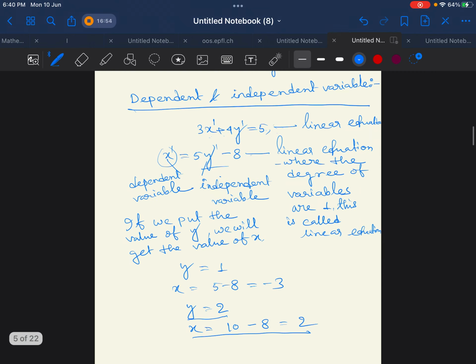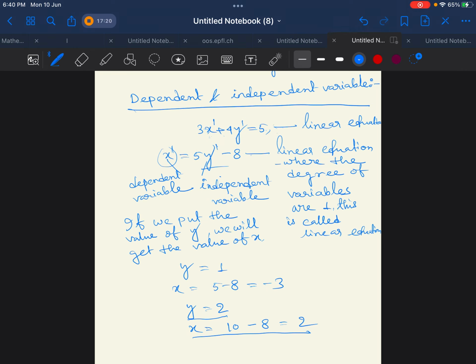Why are these two equations linear equations? Because a linear equation is one where the degree of the variables is 1. Here we see the degree of x and the degree of y is 1.